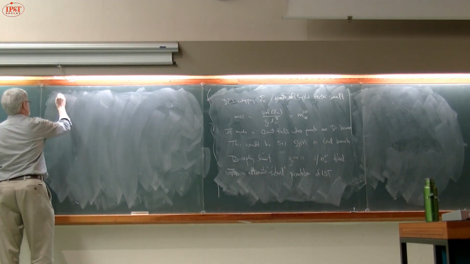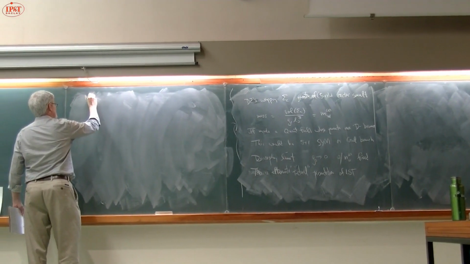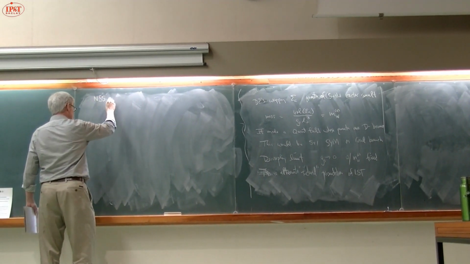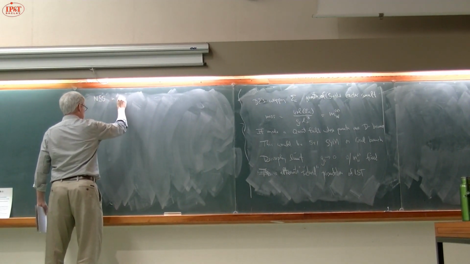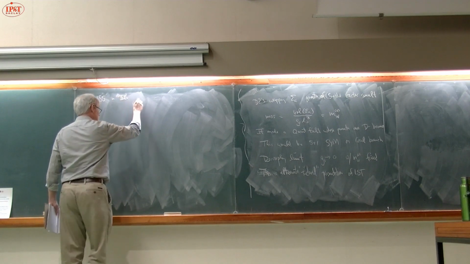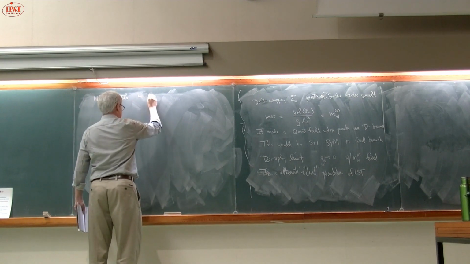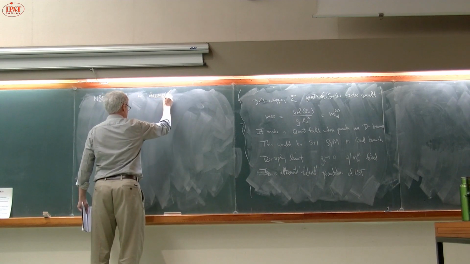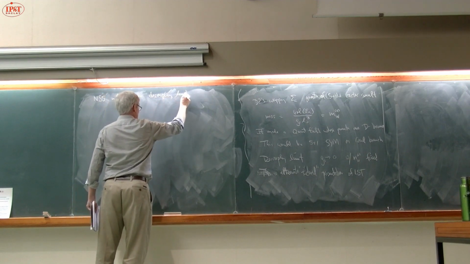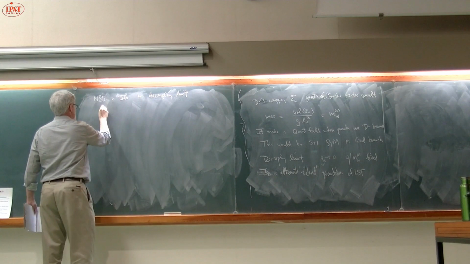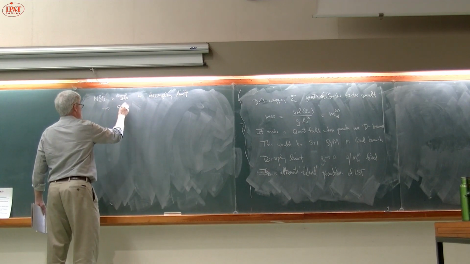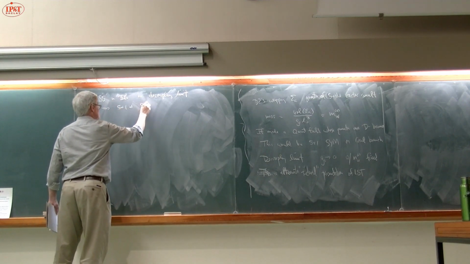So what are the different systems that we have? We have NS5 in 2B in the decoupling limit. So that is going to give us 5+1D super Yang-Mills.